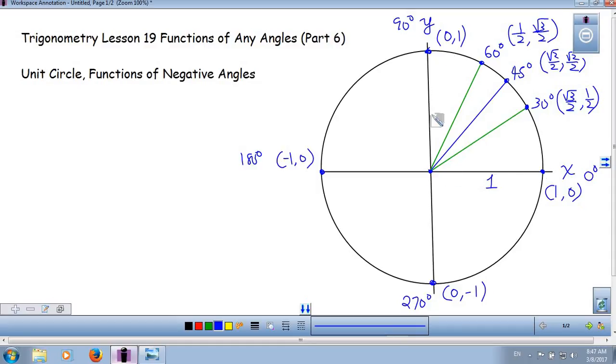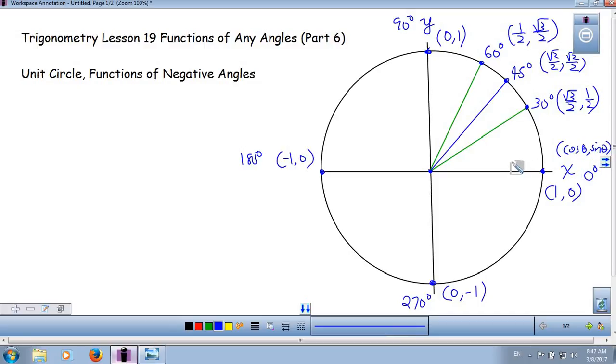This is the x-axis, this is the y-axis. Basically, every point on the unit circle is related to its angle, and the coordinates of that point are related to the cosine and sine values of that particular angle. Any ordered pair in this unit circle will represent cosine theta and sine theta.